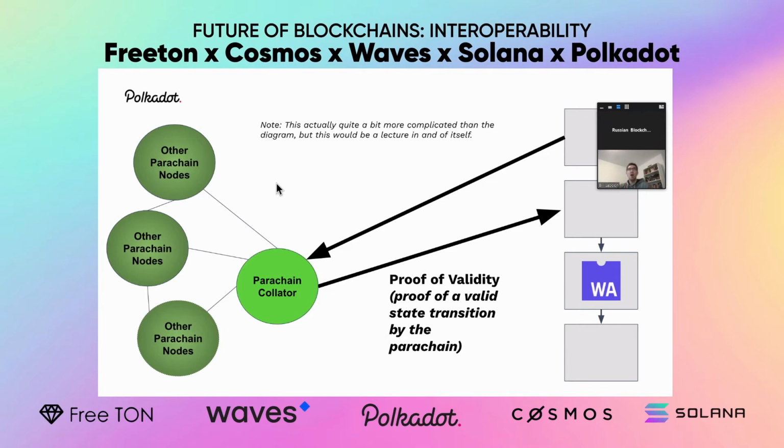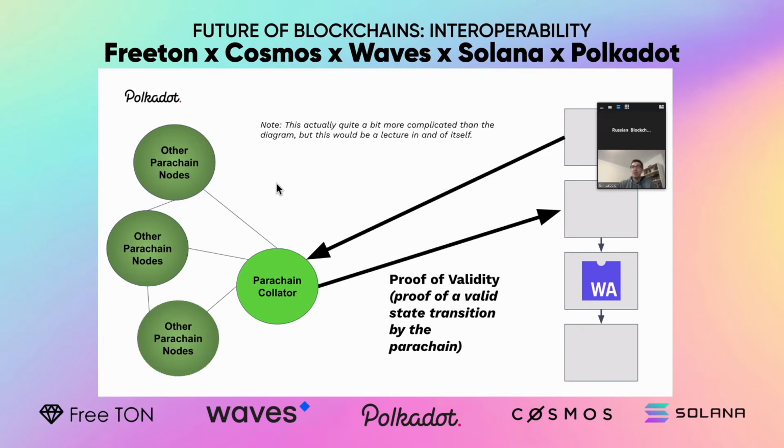So not all of the parachain nodes have to connect directly to the relay chain. This is part of scaling, that we don't need to have everyone connected to the same network. We have these heterogeneous shards that have some connections to the relay chain. Not every single node has to connect to the relay chain. And as long as one honest node connects to the relay chain, they can continue to produce blocks.